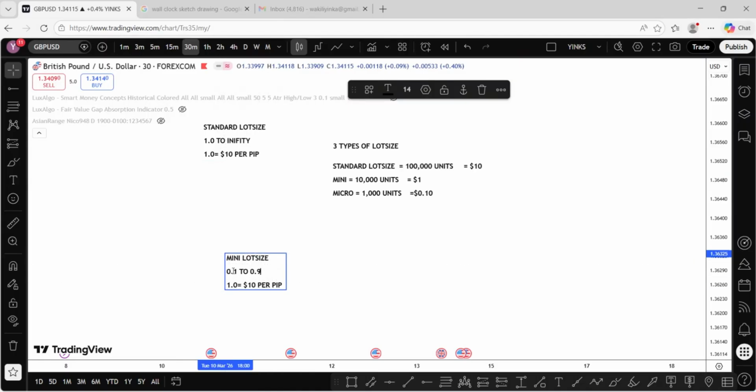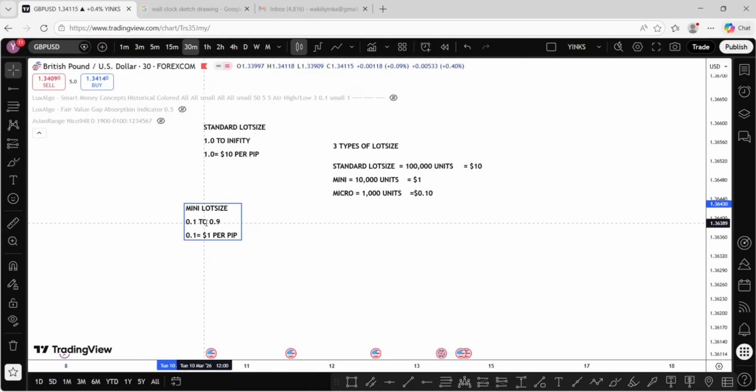So how much is this 0.1 worth in dollars? 0.1 equals $1 per pip. You can see the difference. Now, what does this also mean?